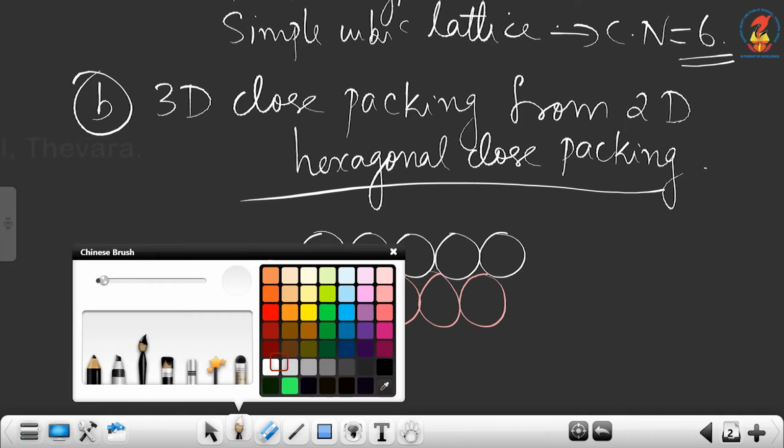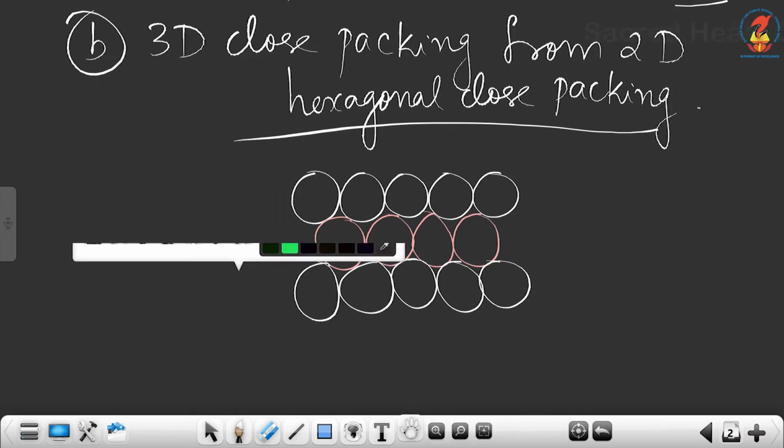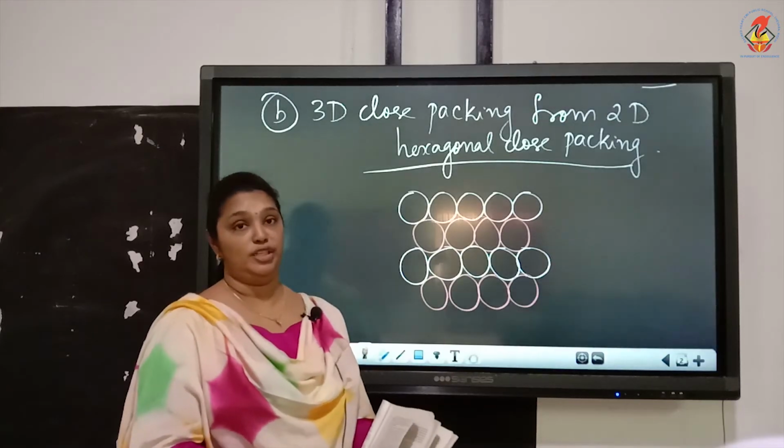Now again, next I have A type, which are aligned with the first row. After that I have B type, which are placed in the depressions. So this is our hexagonal close packing in two dimension.